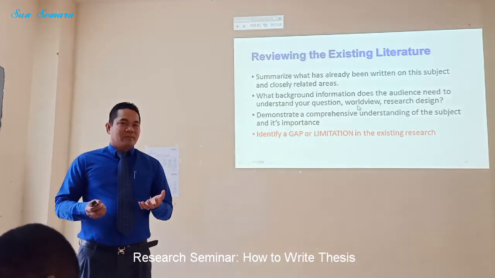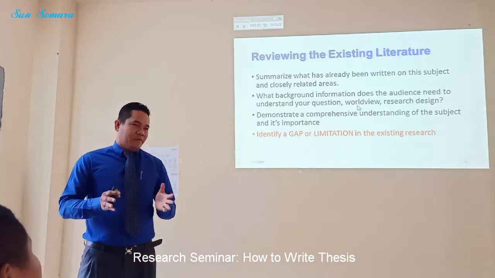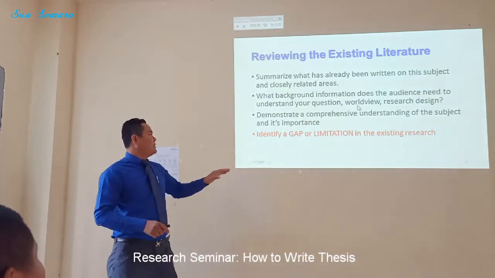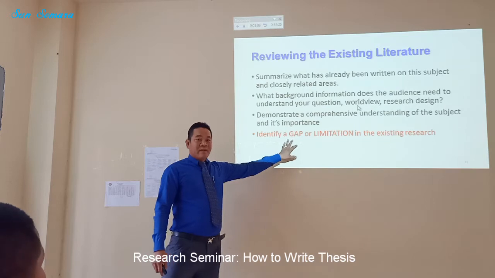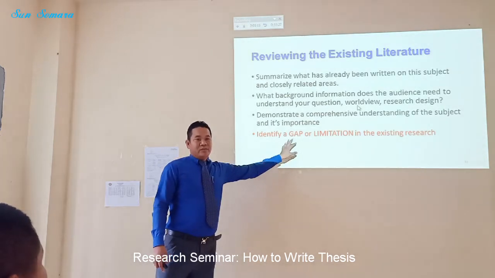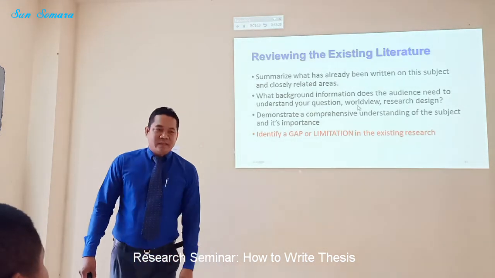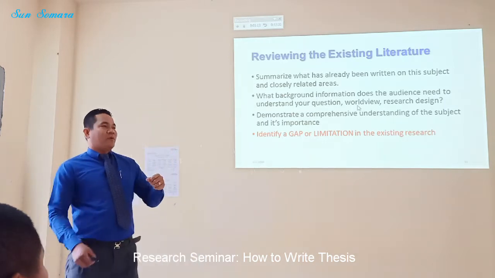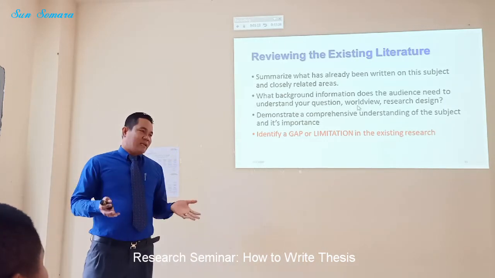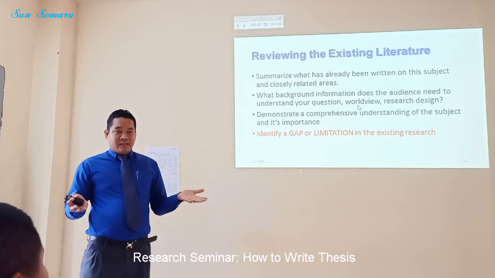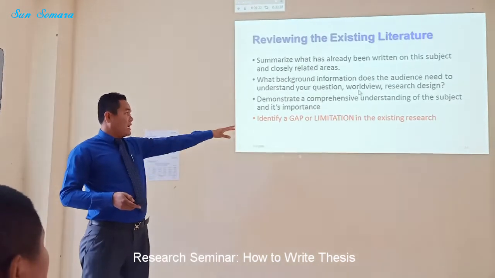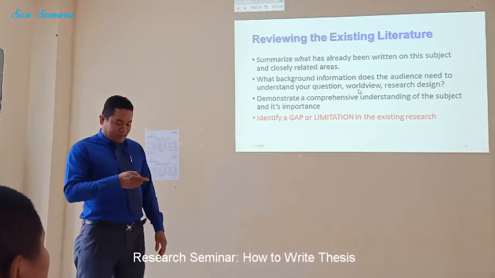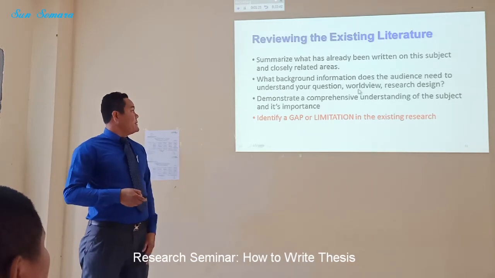But if when we do the review we find that we have a gap that we need to complete, that is the most important thing for the research. Sometimes we don't do research on something that already exists and is all right, but we need to do something about the gap or limitation of this research, the current research that doesn't have it.